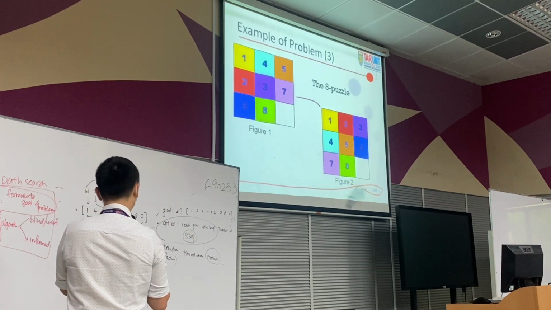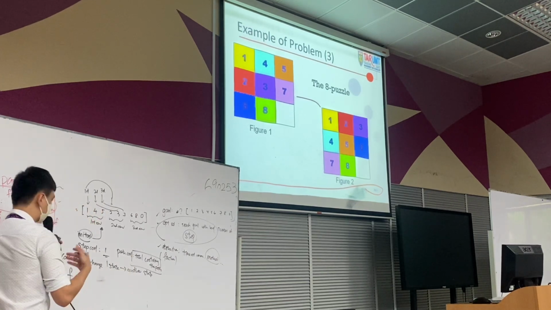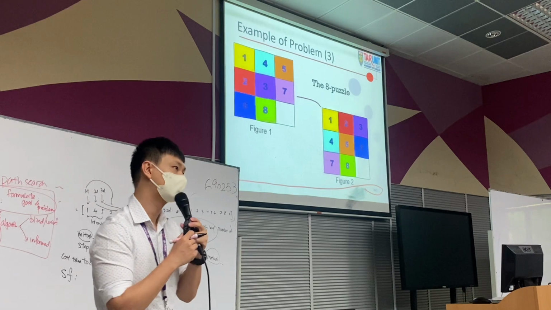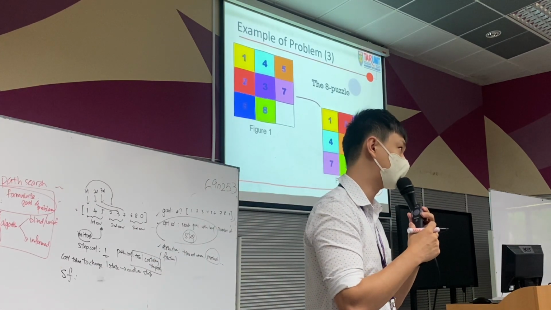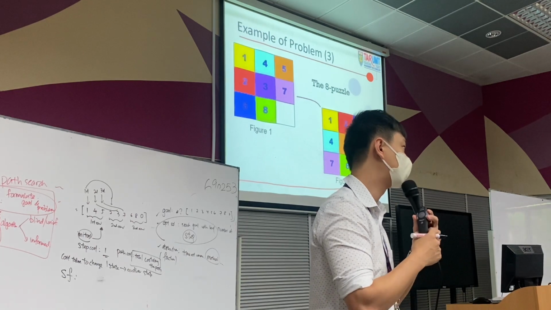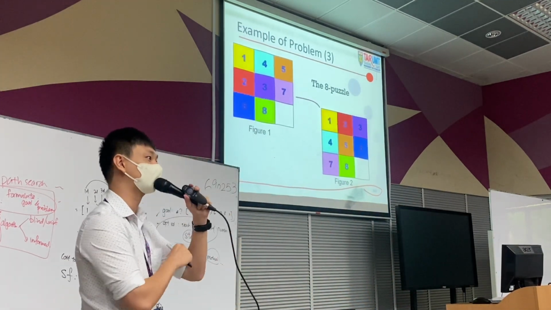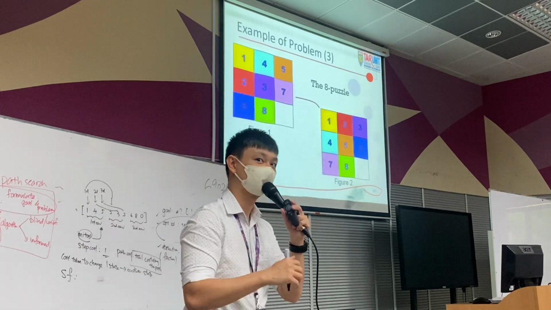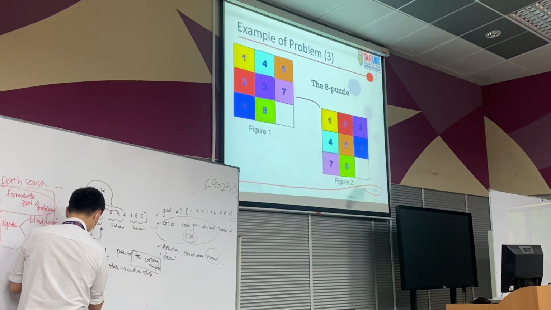What else? Successor function is the most important element. What is the successor function? It's all the possible movement, right? So what are all the possible movement? Okay, you can say move 7 to 0.